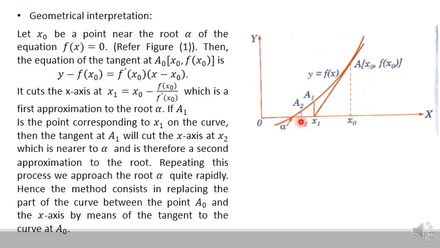So if we repeat this process, we see that we approach the root alpha very rapidly. Hence, this method consists in replacing the part of the curve between A0 and the x-axis by means of the tangent to the curve at A0.